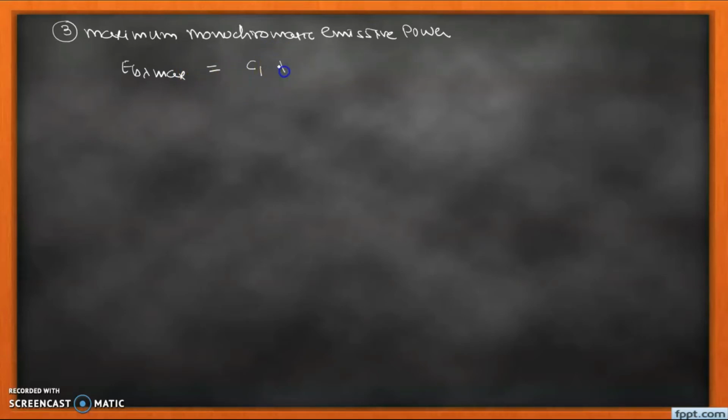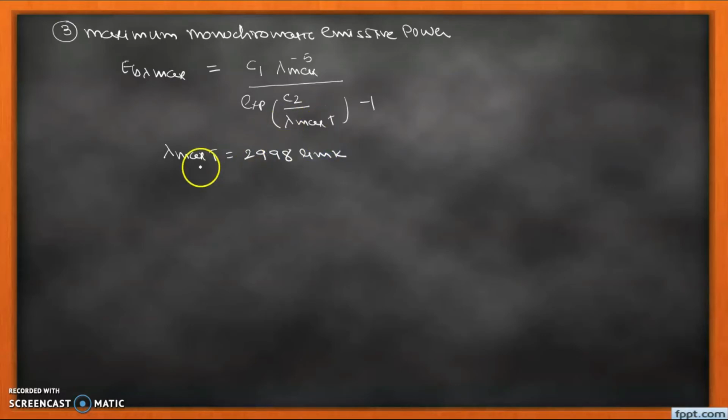So here lambda becomes lambda max to the power minus 5, divided by exponential of C2, as it is, by lambda max into T, minus 1. Now students, we know that lambda max into T has a relation using Wien's law, and that is 2998 micrometer Kelvin. So we utilize this, as well as the values of C1 and C2.